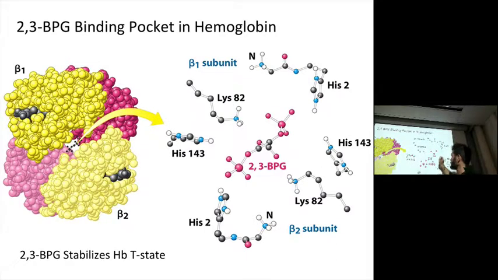And 2,3-BPG has, I'm sorry, what did I say? Cationic, the positive charges. And 2,3-BPG has a -5 charge. So it's happy to insert itself into this pocket of positive charge.